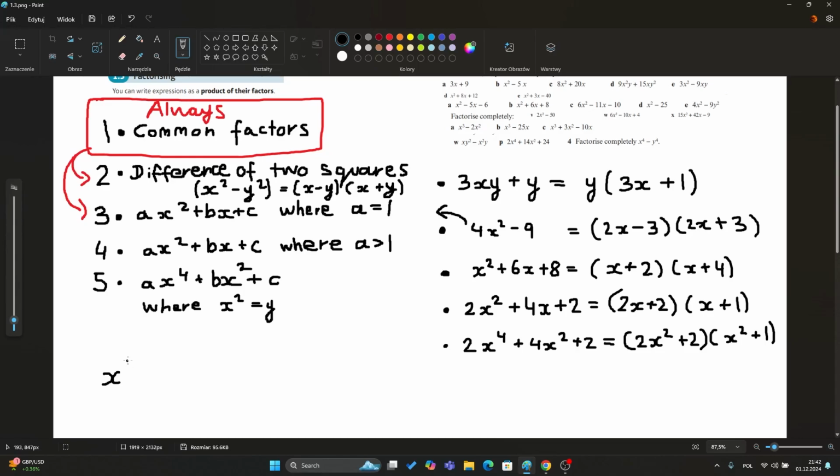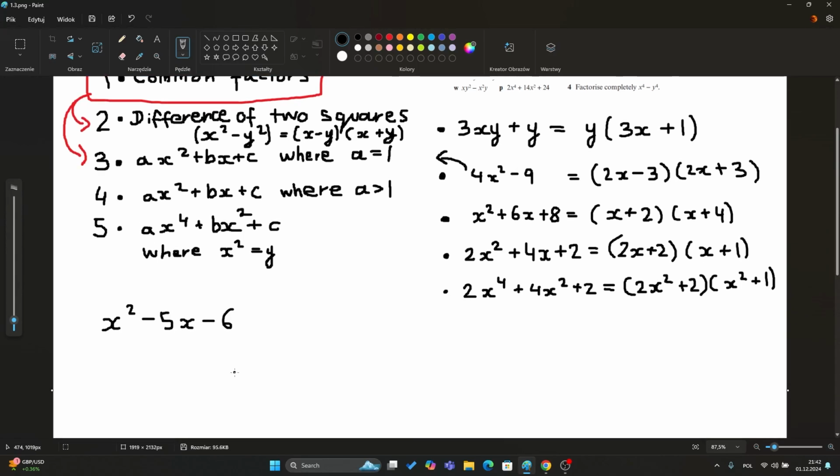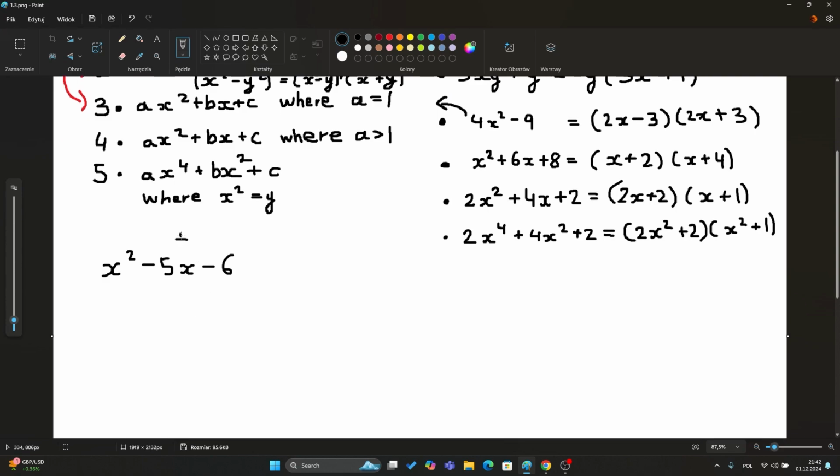So x squared minus 5x minus 6. Again, we need to think of two numbers that add together to give minus 5 and multiply together to get minus 6. So I write all the factors of 6.